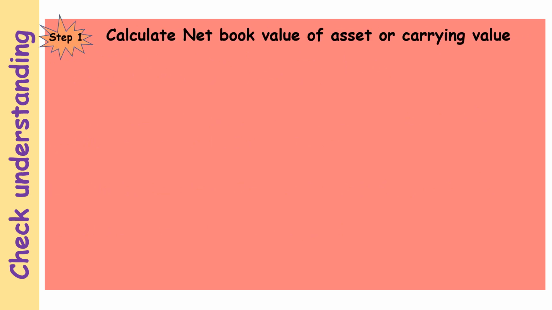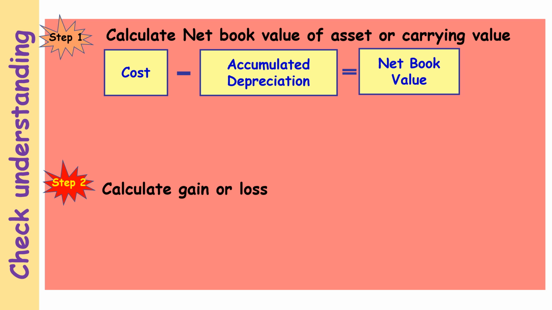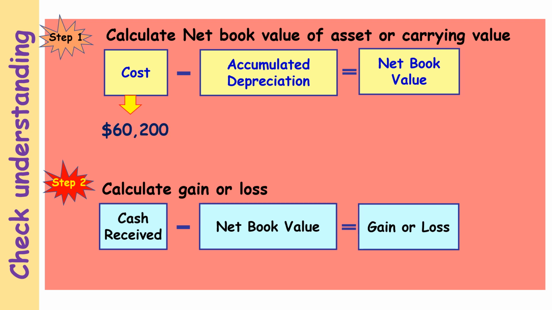So step number one is to calculate the net book value of the asset, and step two is to calculate the gain or loss. This is how we calculate the net book value, and this is how we calculate the gain or loss. So cost we already know, 60,200. We don't know the accumulated depreciation, so let's calculate depreciation for 1 year using the straight line method, which will give us $11,040 per year of depreciation.